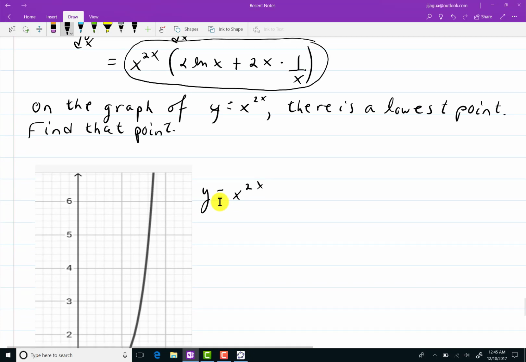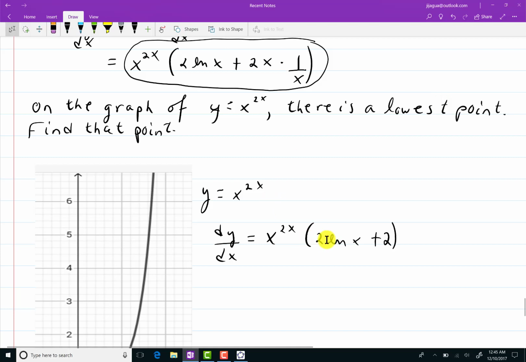I am going to simplify it. I'm going to say dy over dx, since I am using it in the next steps. What I'm going to do is I'll have 2 ln of x plus 2. Now you'll notice that this x and this x cancel each other out.